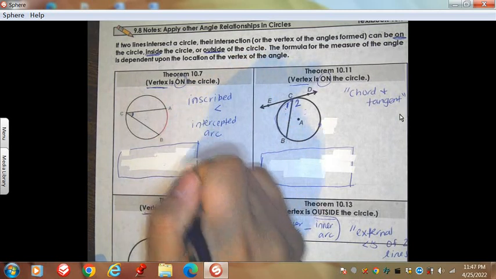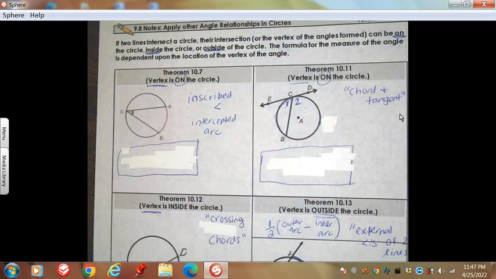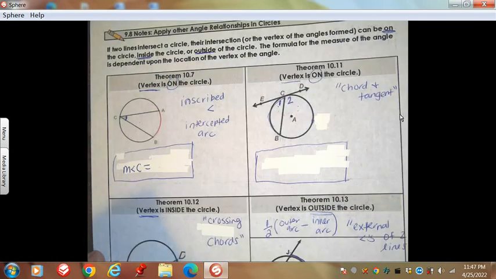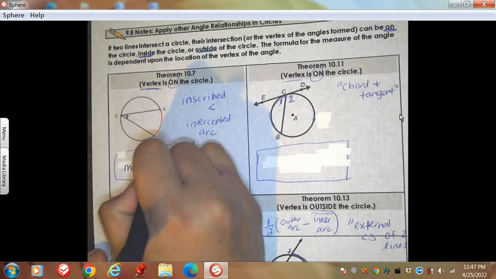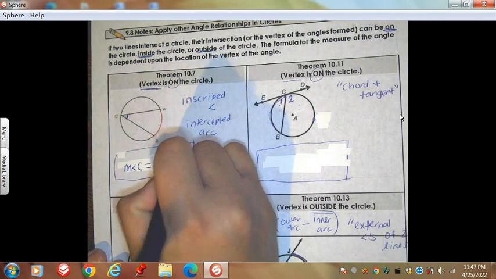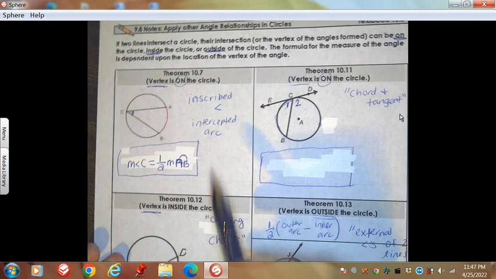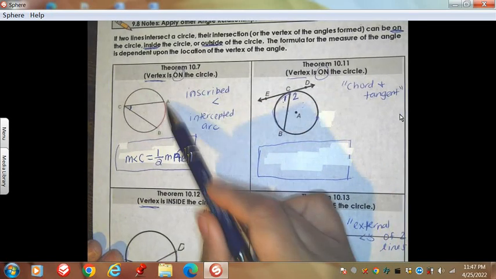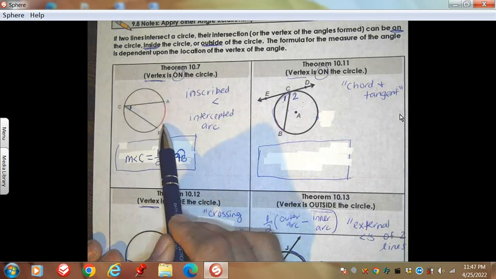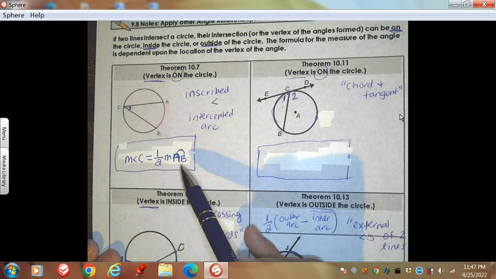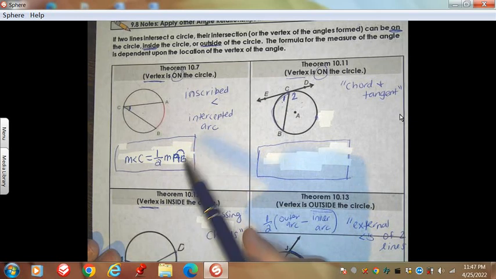So just to kind of recap from yesterday, when you write down the equation or the formula here, it's the measure of angle C is equal to 1/2 the measure of arc AB. Okay, so this is the arc AB, and it's opening up to this inscribed angle. That's why the measure of angle C is equal to 1/2 the measure of arc AB. All right, so that's it for the first one.